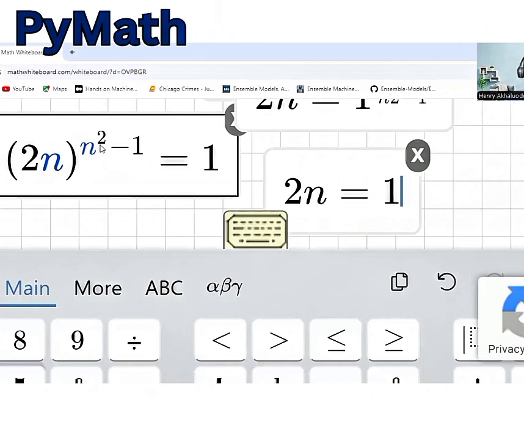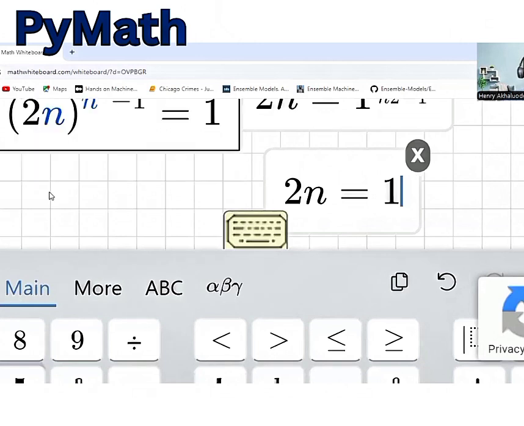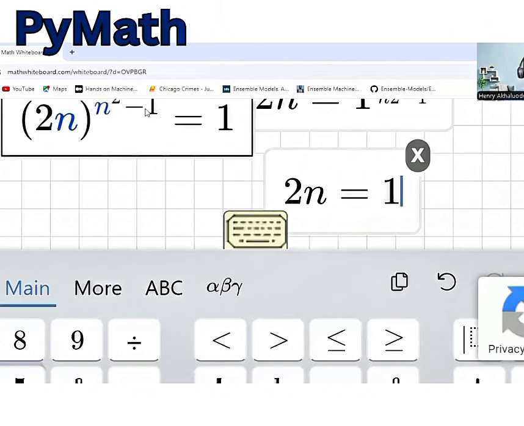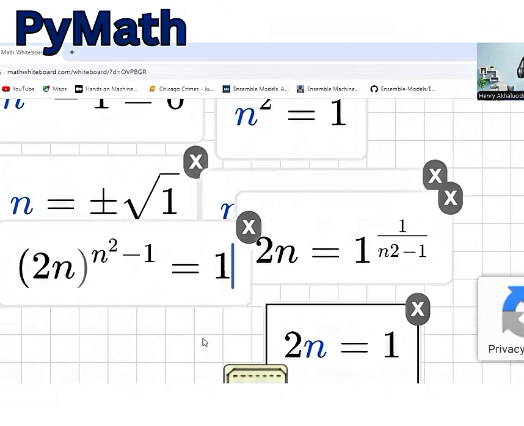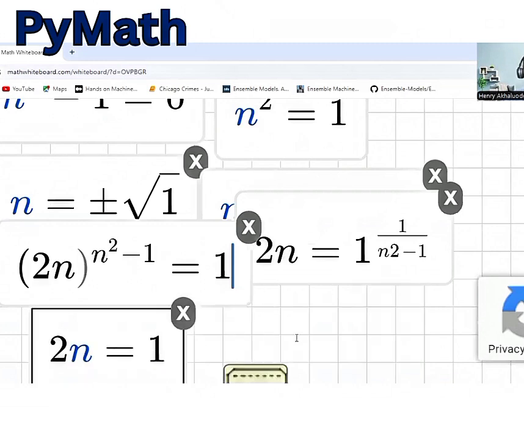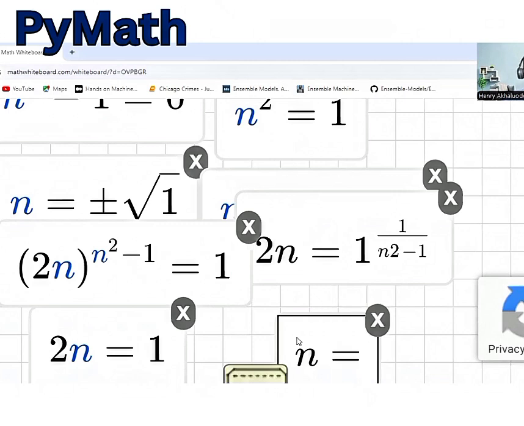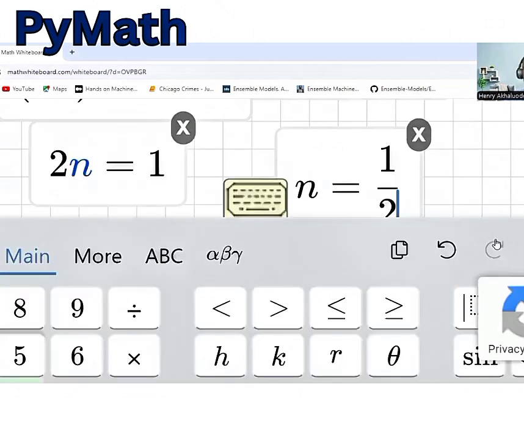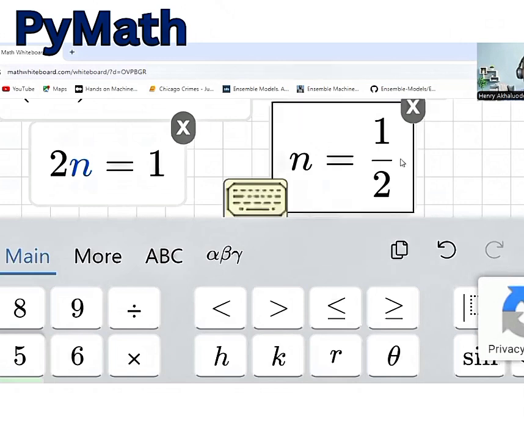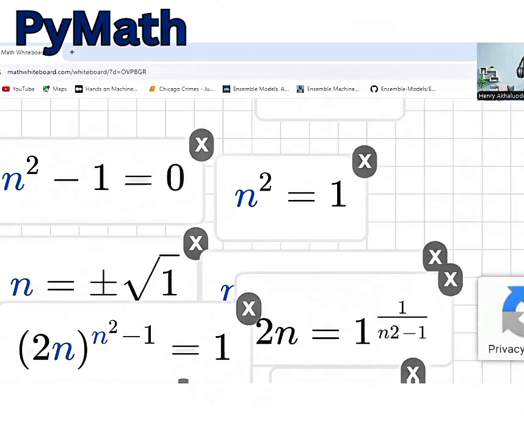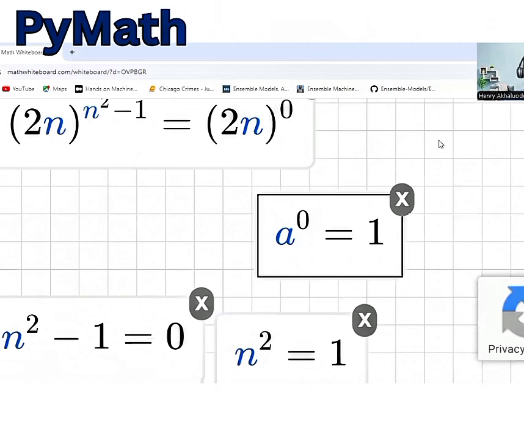Finally, if 2n equals 1, then it follows that n equals 1 all over 2. So we have a third solution to this problem. We have gotten our solutions to the question.